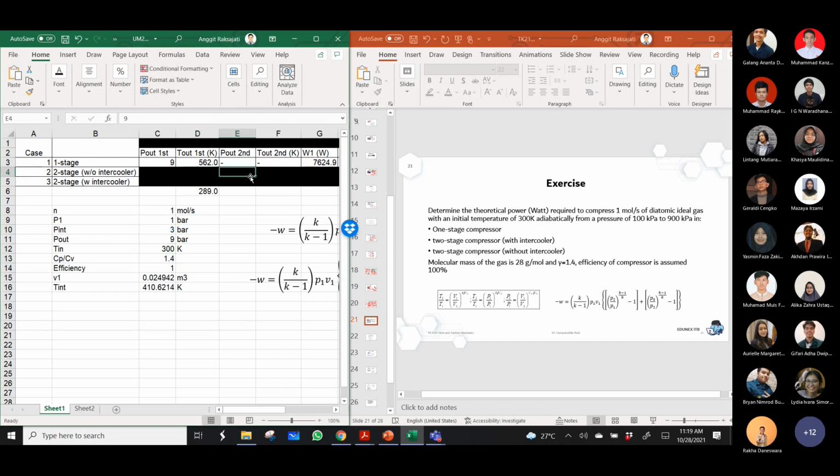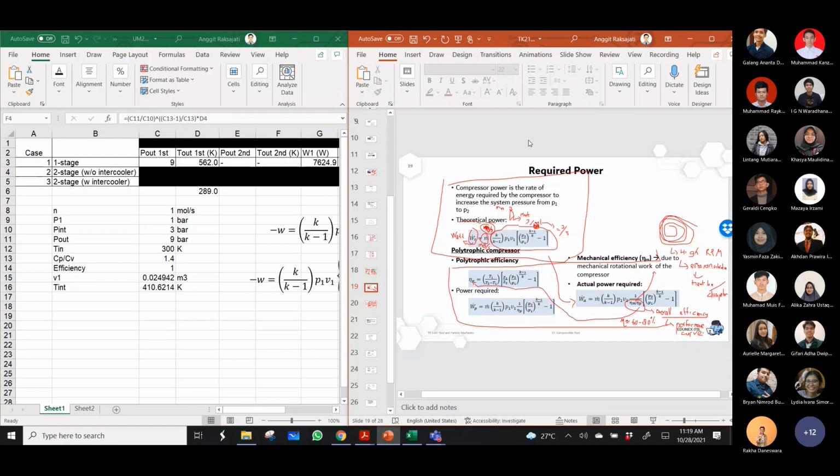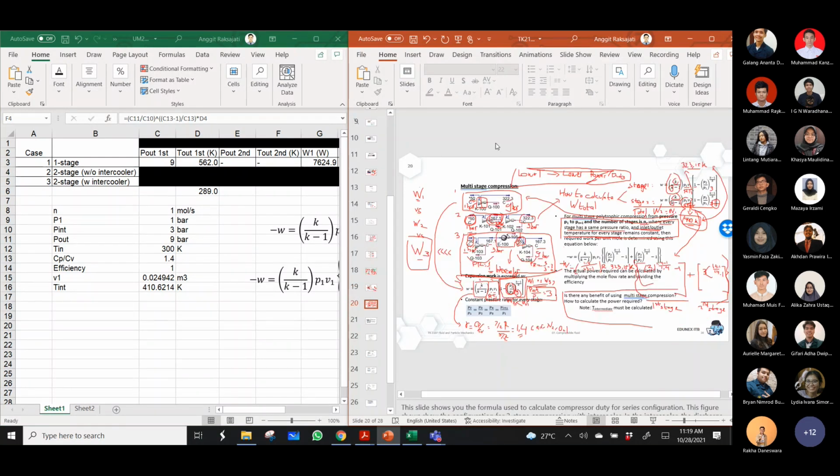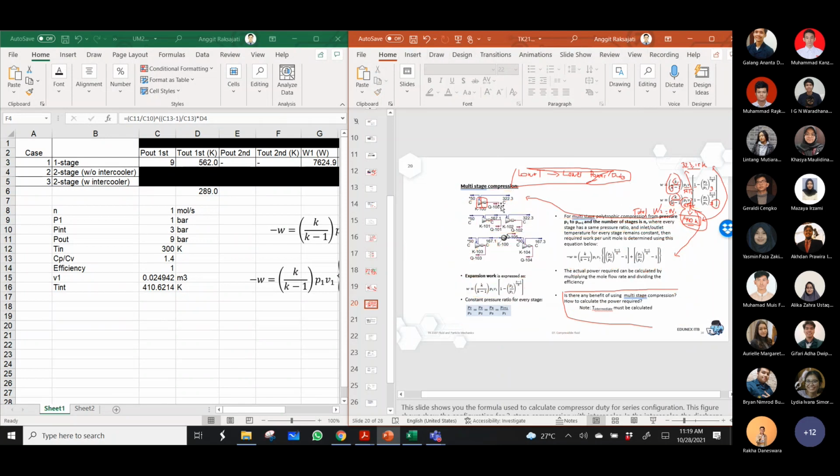And then the temperature out for the second stage should show the difference between without intercooler and with intercooler. For the 2-stage without intercooler, you don't cool it down.